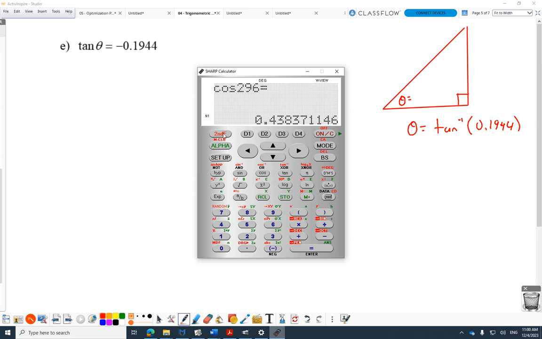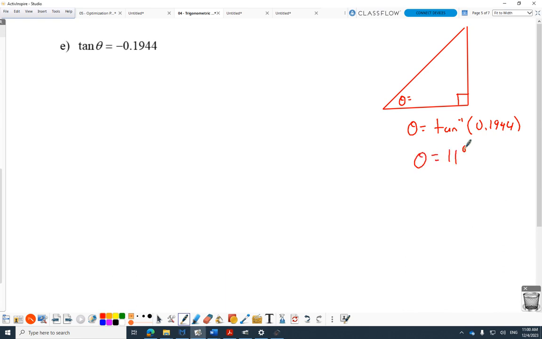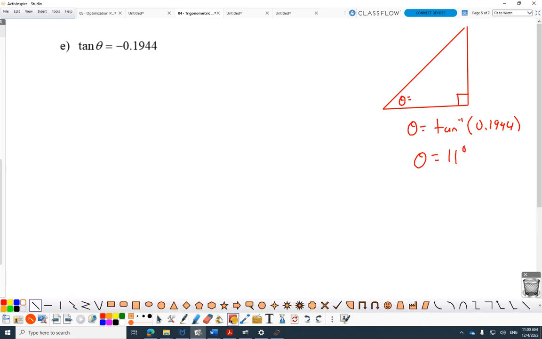Tan inverse 0.1944 equals 11 degrees. The related acute angle is 11 degrees. I'll just keep going. You can still believe I've messed up. Get your question ready, all right? Because I hope I'm going to answer it, actually. Build my trig playground.